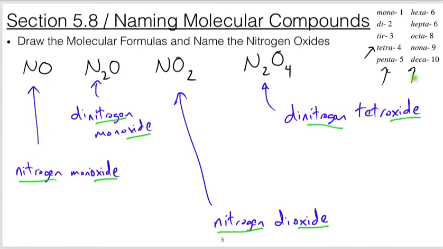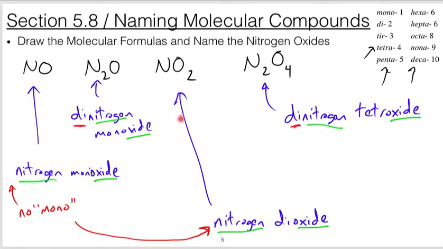We are using Greek prefixes, but notice there's a few little subtle issues here. For example, we don't use mono when it's on the first element. And there's no mono there either. If there's 2 or more, then we use the Greek prefix at the beginning.